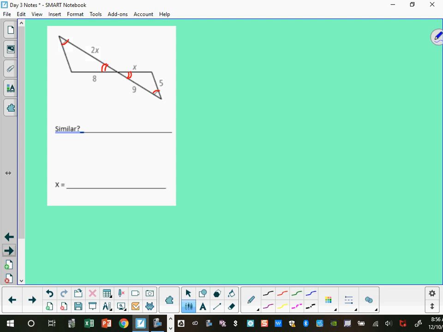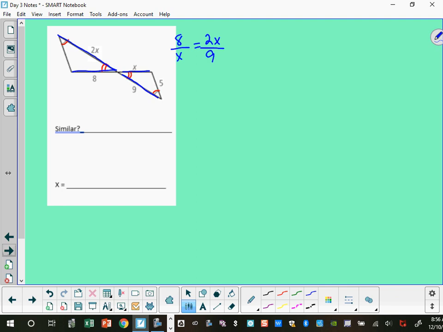So, 2x, or let's start with x. This side of x matches up with what? X. And then 2x matches up with 9. Now what do I do?